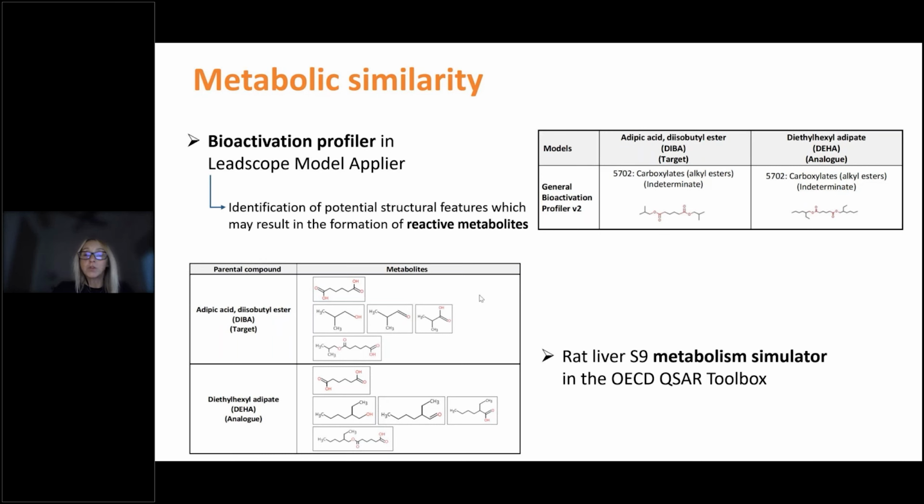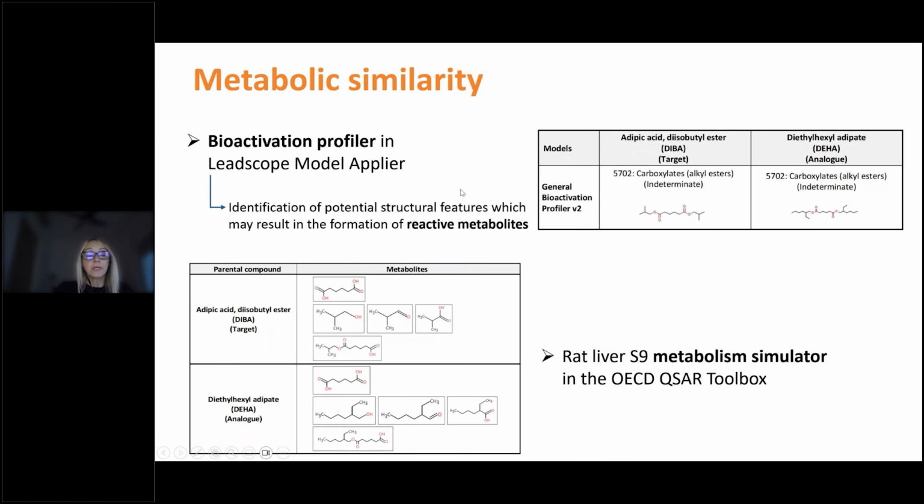According to this approach, again, you can see the table displayed on the top of this slide. We can compare the target and the analog by means of general bioactivation profilers in order to compare the reactive sites of metabolites that are identified in the target and in the analog.